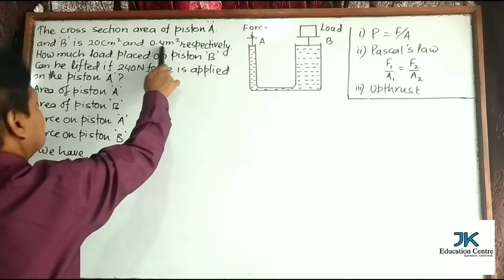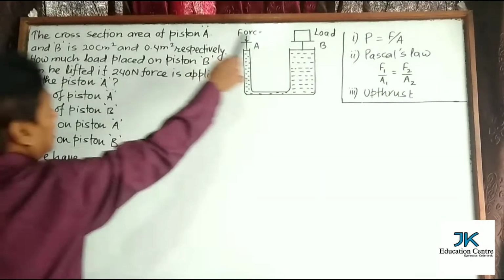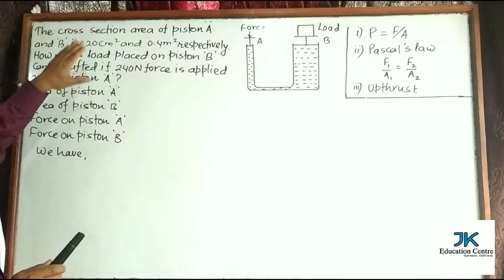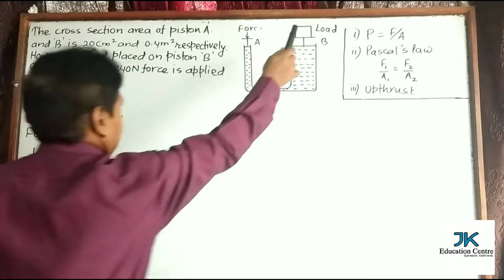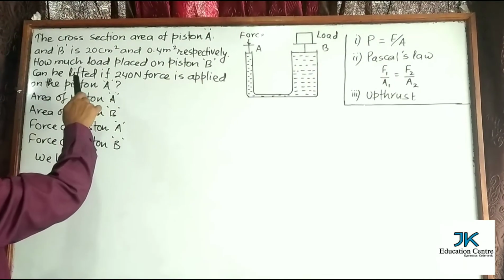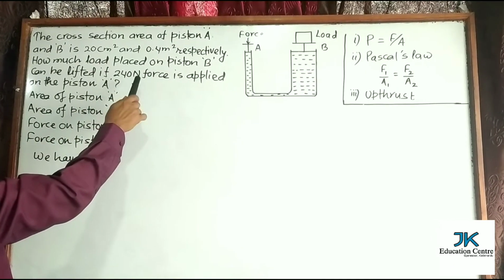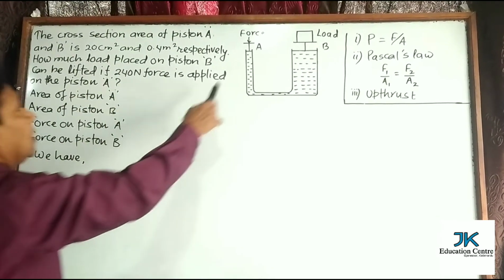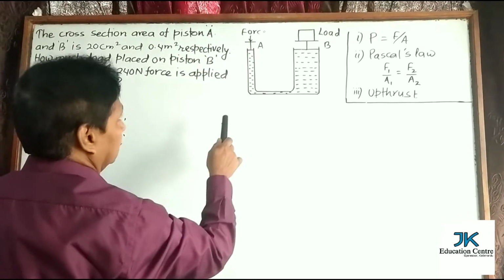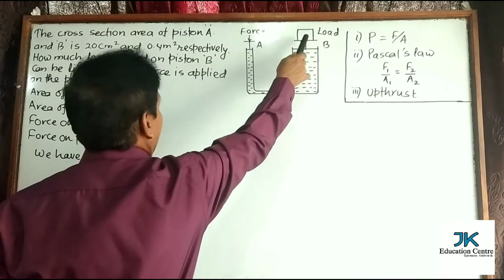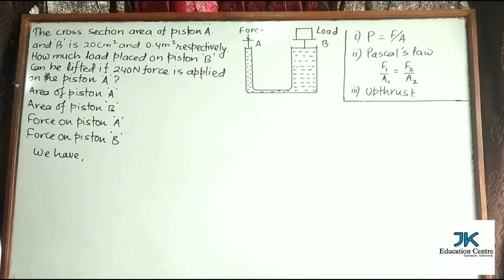Look, this is different: centimeter square and meter square. How much load placed on piston B can be lifted if 240 Newton force is applied on A? This is the question. We have to find the value of the load. This is a very simple numerical.